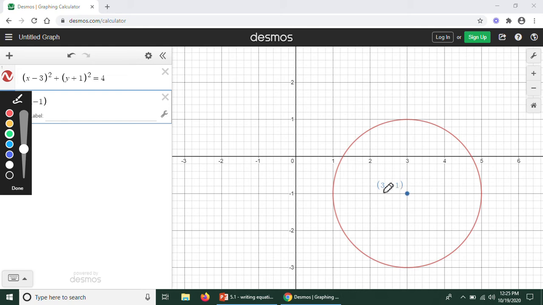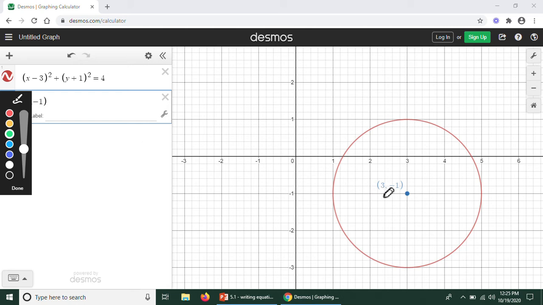So the 3 is our x coordinate, and the -1 is our y coordinate. Now I want you to pay close attention to what I'm going to be saying.